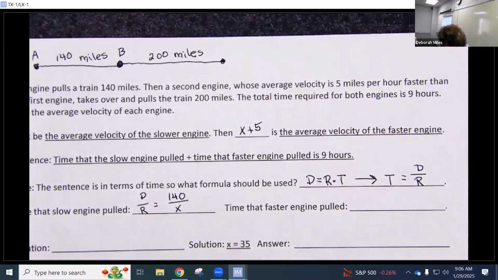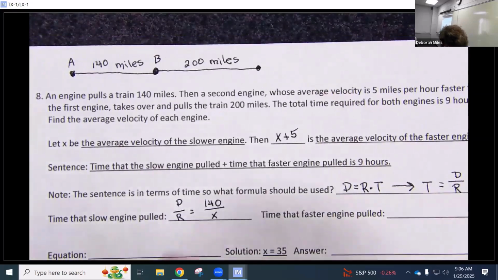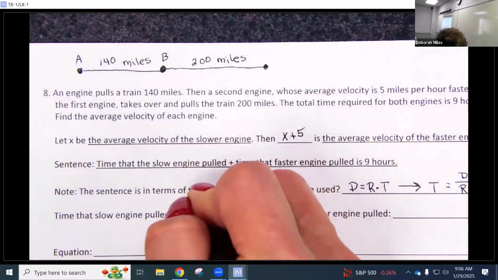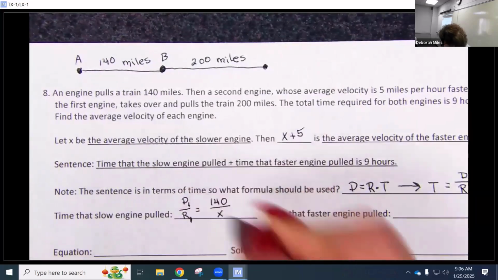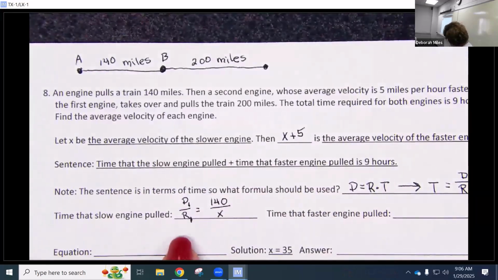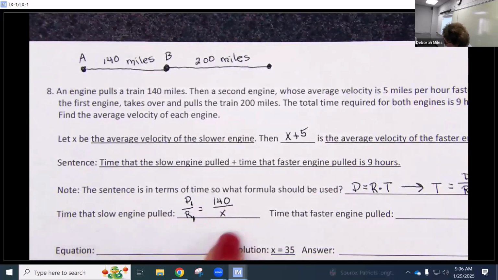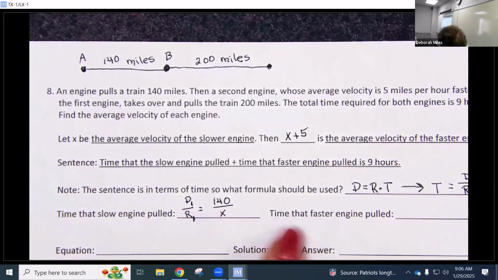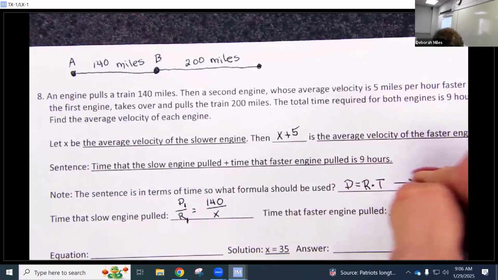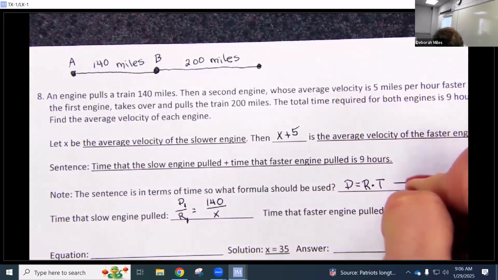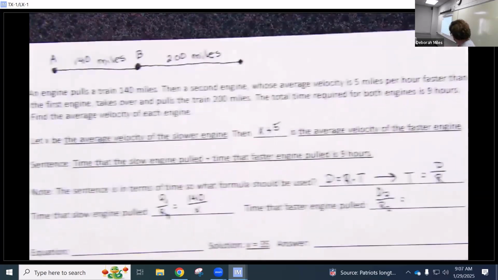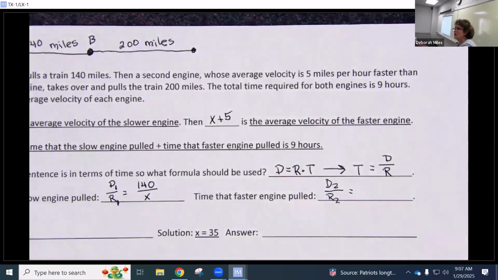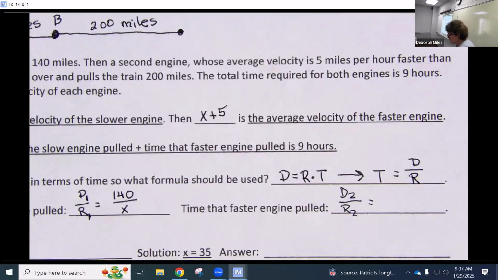And then the faster engine, look, I'm going to use some subscripts here. I'm going to use D1 and R1 for the first train's distance and rate. So its time is 140 over X. For the second engine, I'm going to use D2 for its distance and R2 for its rate. So how long did it pull?